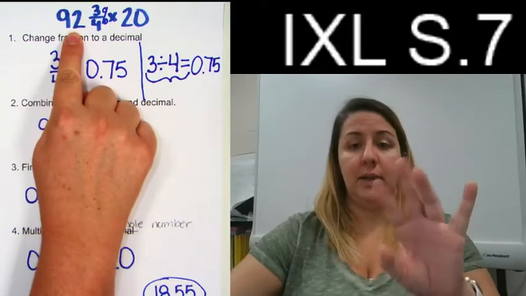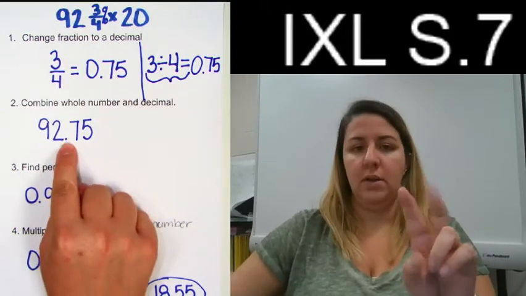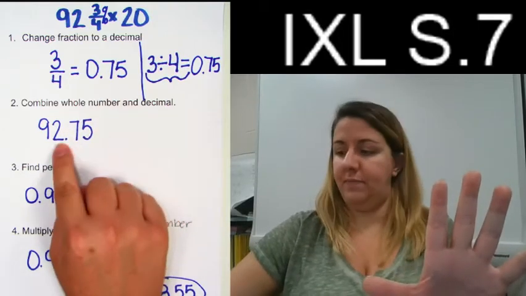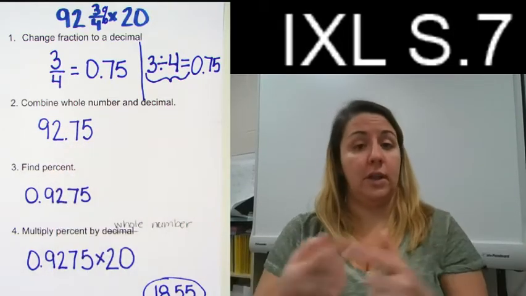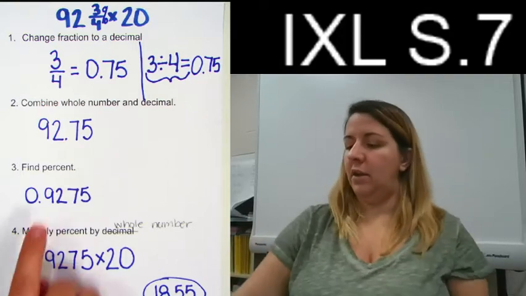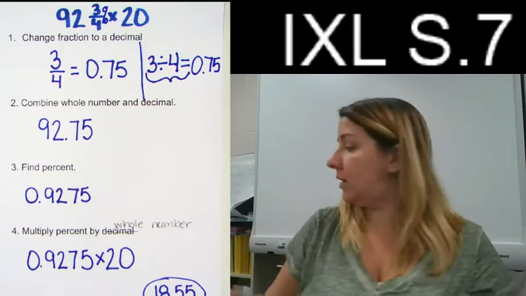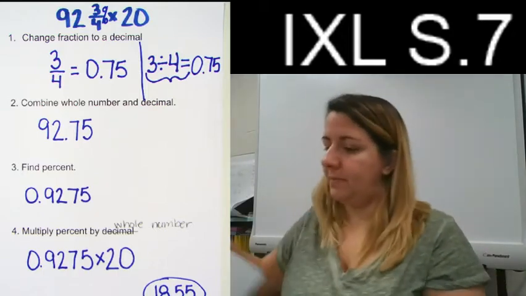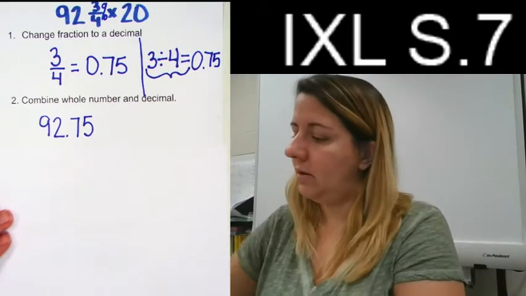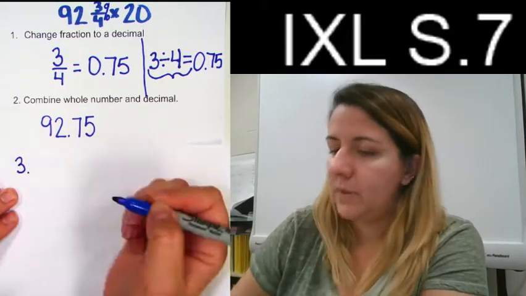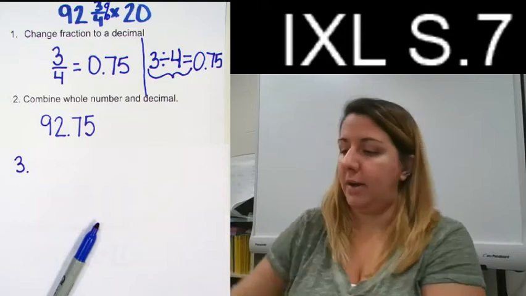So 92.75. So then what do you do? You can find the percent and then multiply, or you can just multiply.